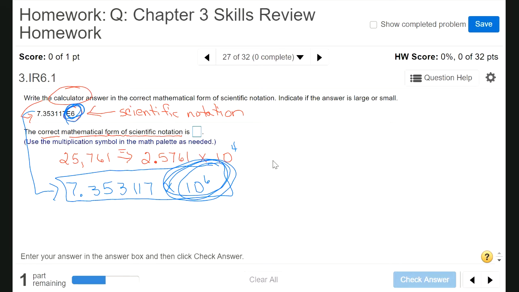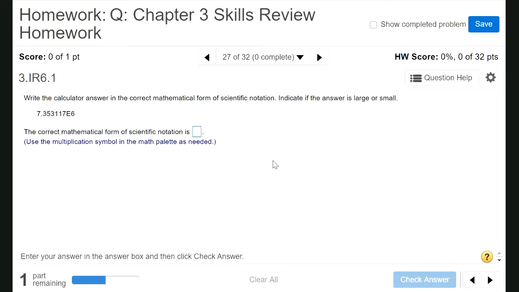Sometimes they'll give you a negative, like, if you get a really tiny number, let's do this in your calculator. Do 2 divided by 56,789.